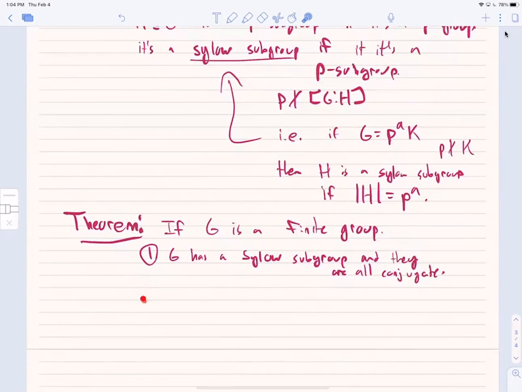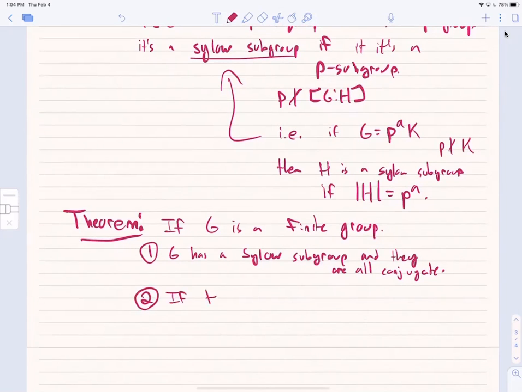Moreover, this part that they're all conjugate can actually be strengthened. So this is a strengthening of the second part. If H is contained in G, then, well, I guess you can state it as a strengthening, but I'll just state it as an extra property.